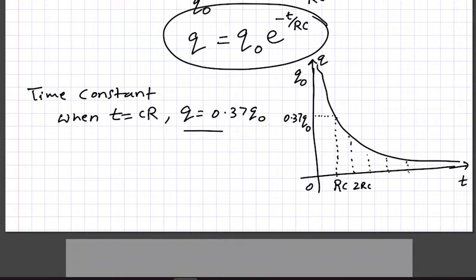By the time it is 5RC, it will be almost 0. So you can say that the charge on the plates of the capacitor is almost 0. So at t equal to RC, the charge is 0.37 of the maximum charge that it can hold.